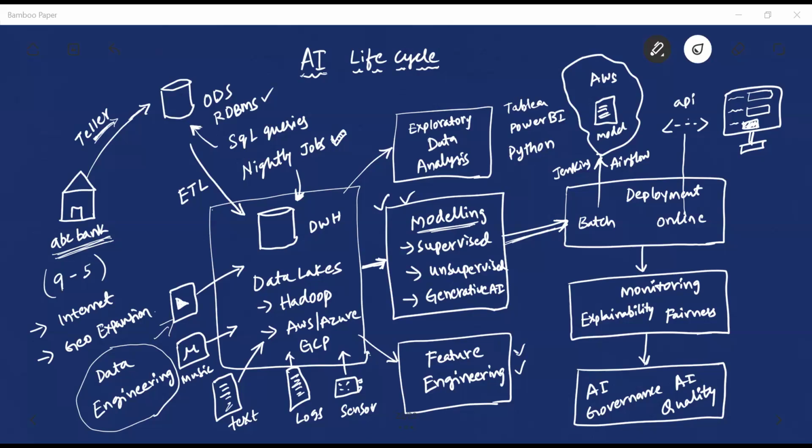So there's a question: as a Java developer, what is the right step to get in, right? So the first thing is that it is very important for us to have strong basics. As a Java developer, you will be able to get into the central modeling piece.